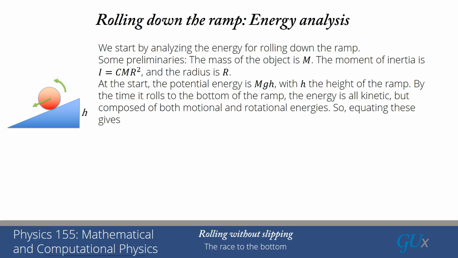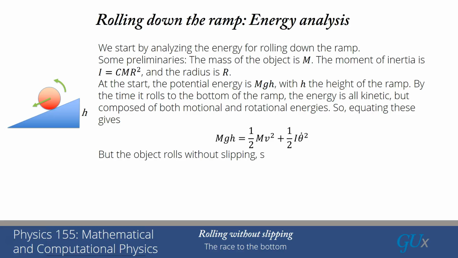So we can equate the energy, and we find that mgh is equal to 1/2 mv squared, that's the motion of the center of mass, plus 1/2 I theta dot squared, where theta dot is the angular rotational velocity of the object when it's at the bottom of the ramp, and I is the moment of inertia, as we discussed previously.